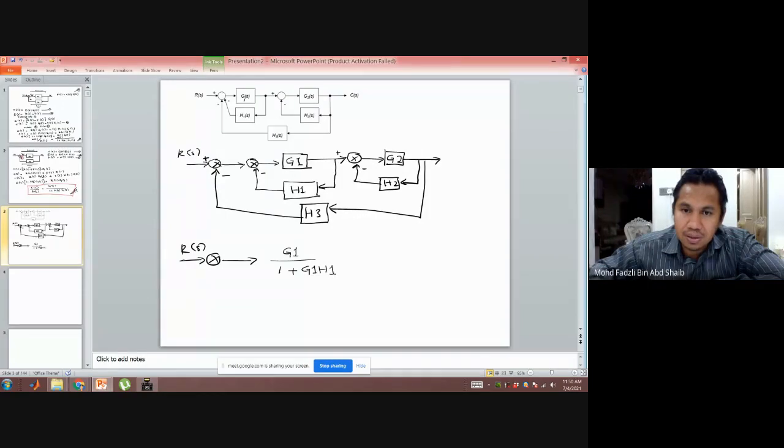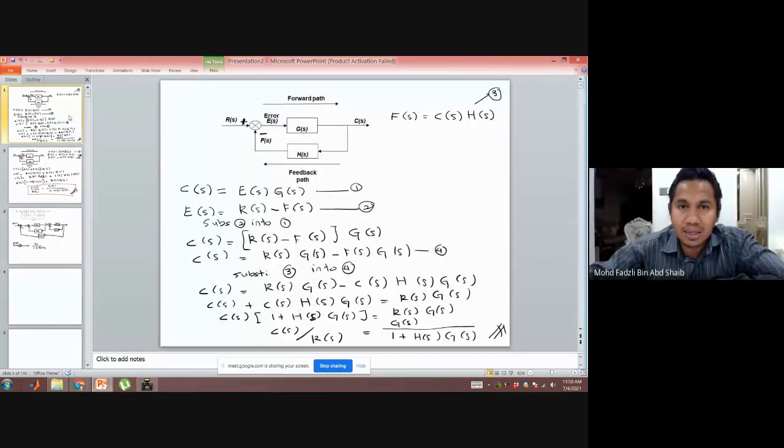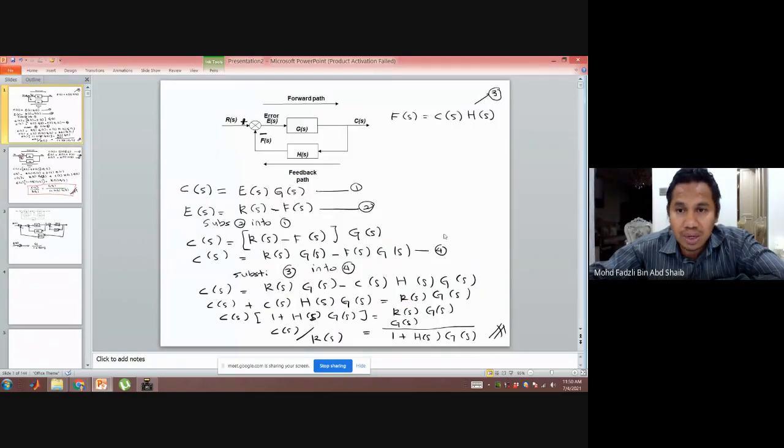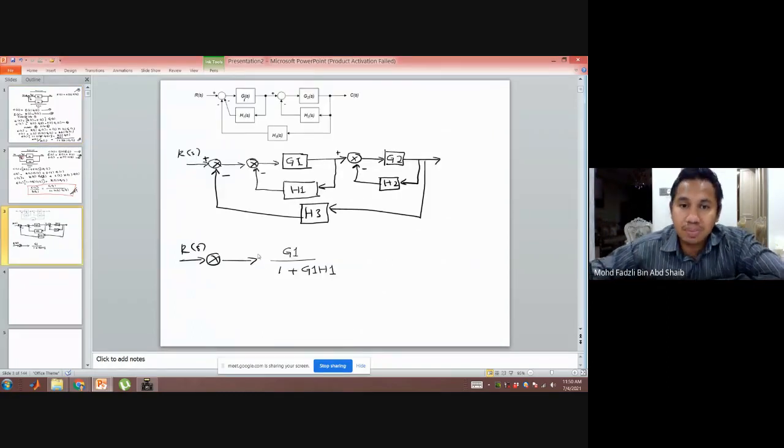Look at here. When it's negative feedback, G over 1 plus GH, right? When it's a positive feedback, it becomes 1 minus. So this one, we use this one: G over 1 plus HG.